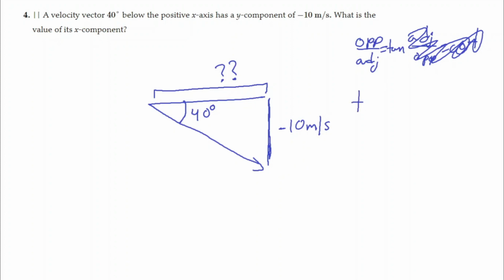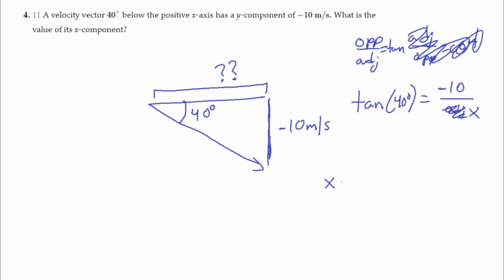So opposite over adjacent is equal to tan. So now we're going to plug stuff in. So we'll have tan 40 degrees is equal to opposite, which is negative 10, over adjacent. And we don't know adjacent, that's unknown. So now we just solve for adjacent, or rather this could just be x. So in order to solve for x, we could switch x and tan 40 degrees.